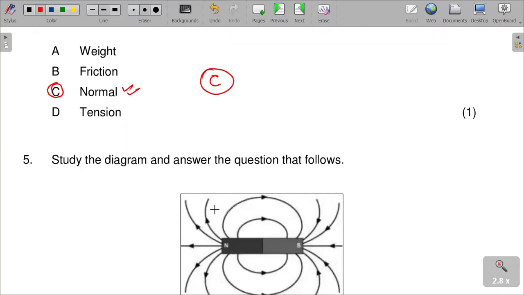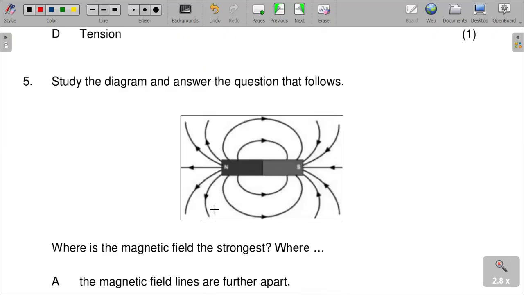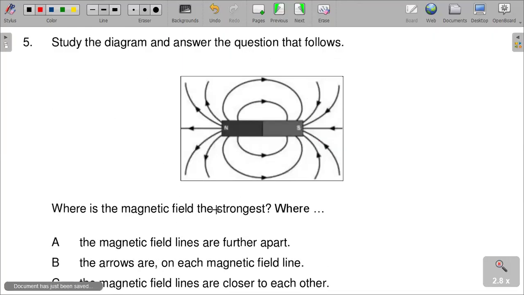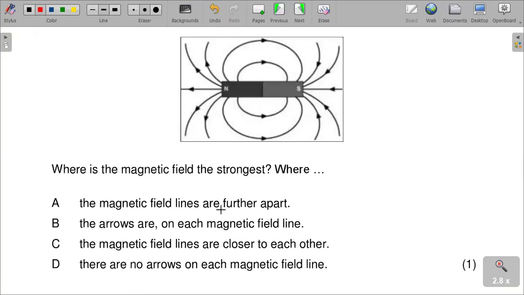Study the diagram and answer the question that follows. We have got a magnetic field, and then where is the magnetic field the strongest? As you can see here, you should understand that the closer the magnetic field lines are to each other, the stronger they are.